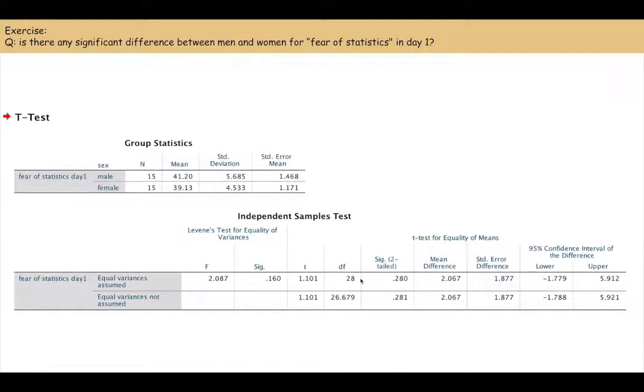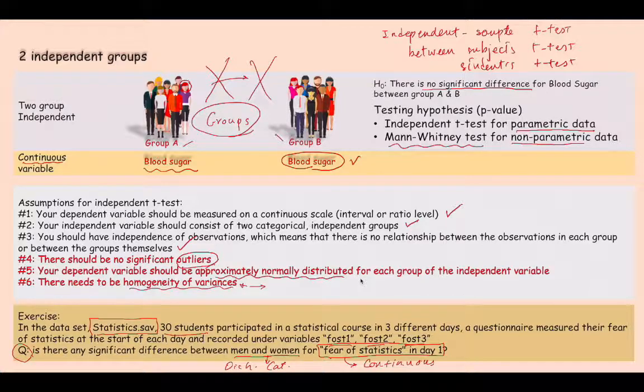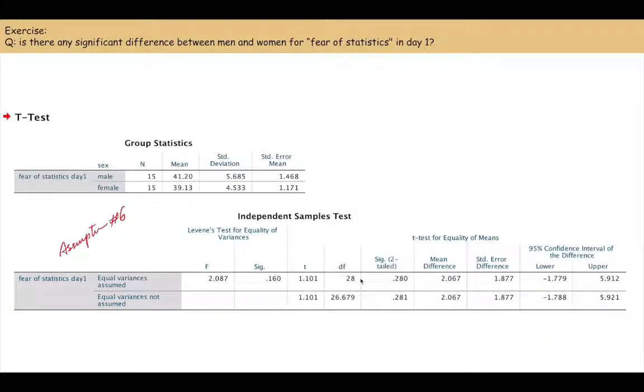In the results, it's also very important to pay attention to the last assumption, number 6. If I just go back and take a look, you can see that assumption number 6 is the homogeneity of the variances, which we check here by looking at Levene's test, Levene's test for equality of variances. When we look at Levene's test, we look at the level of significance.